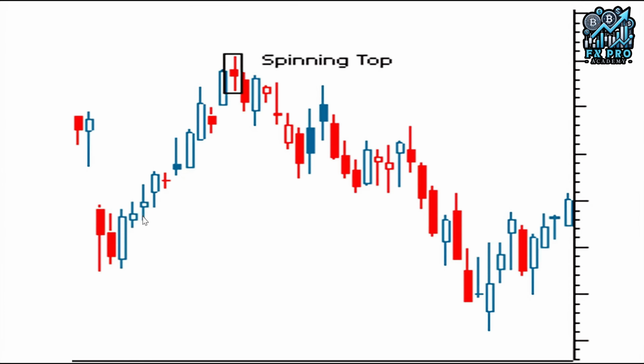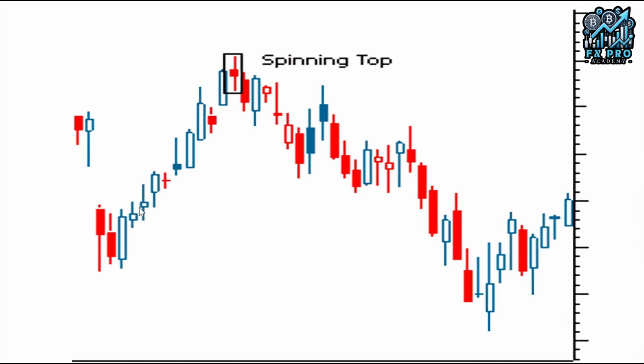It's commonly advised, and this is not my personal advice, but gathered from various sources, that one shouldn't buy or sell during a spinning top formation. The reason is that it signifies indecision. We can't predict whether the price will go up or down.